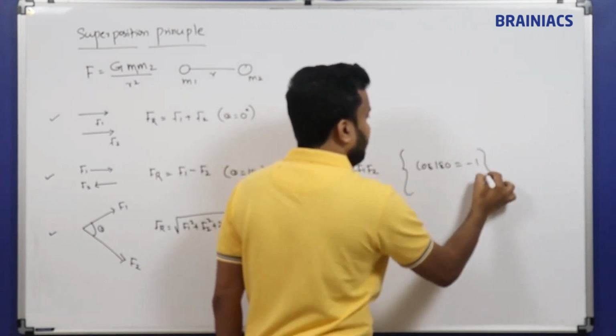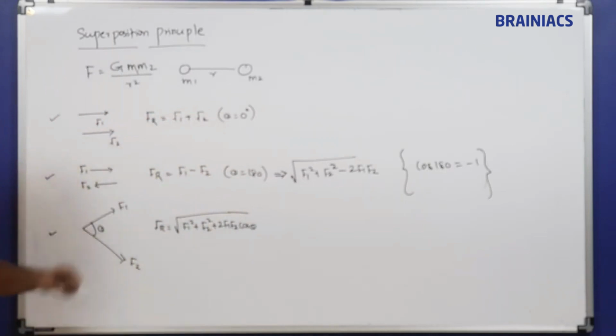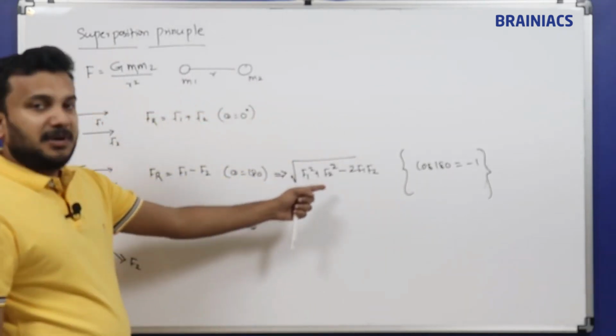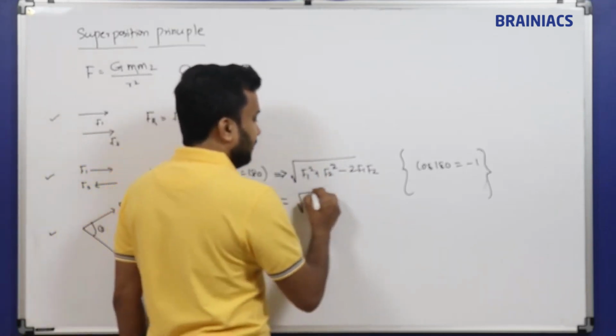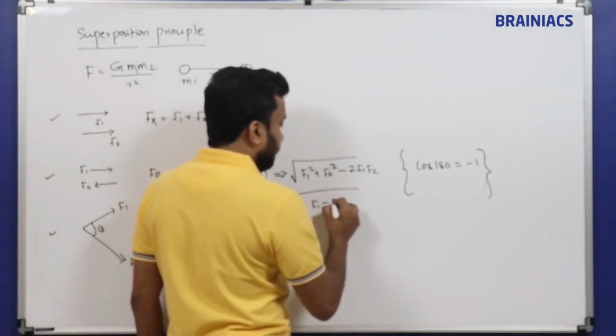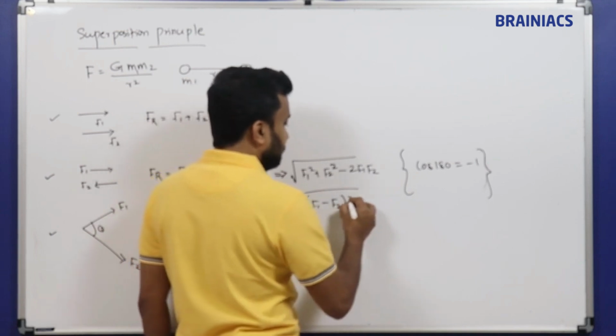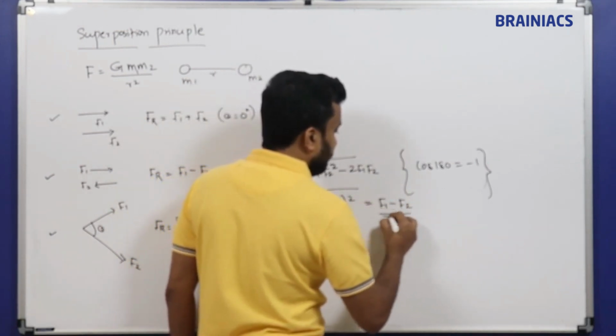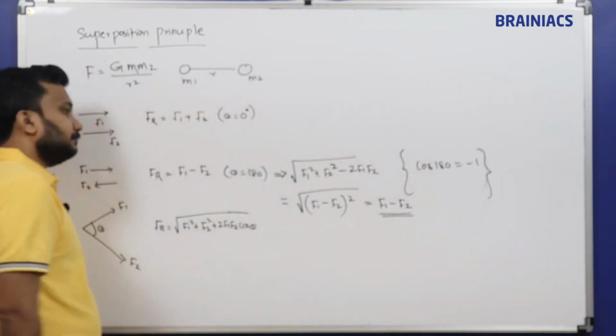This is like a square plus b square minus 2ab, so it can be written as root of F1 minus F2 the whole square, which is equal to F1 minus F2. This is what we have written here also.